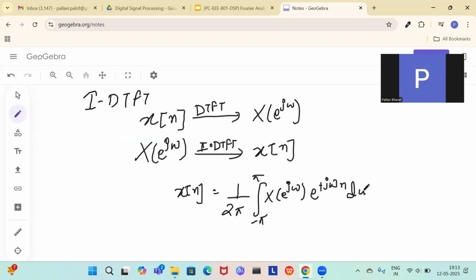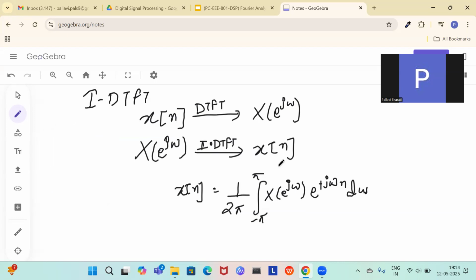So you are integrating with respect to ω, and the Fourier transform of x of n is actually continuous and periodic. So you can see that we have used the integral sign over here instead of the summation sign, and this is periodic with 2π.